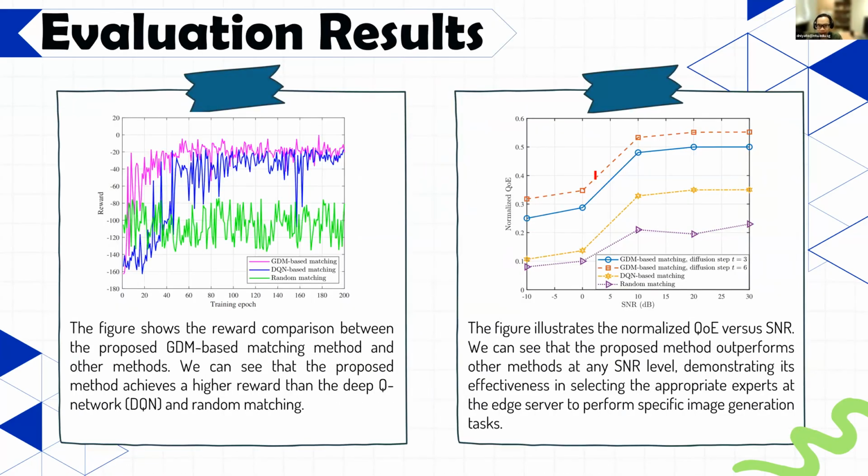We show some evaluation results, and we show that by using the generative diffusion model matching, we are able to generate the matching from the user to the edge server to generate the output for the AI model better than the traditional model.